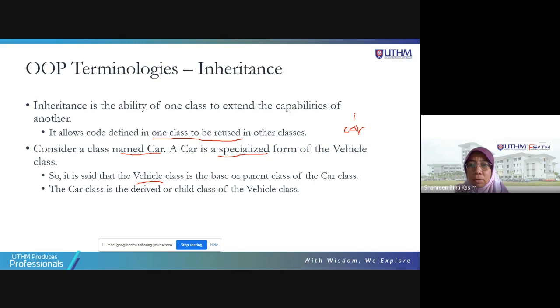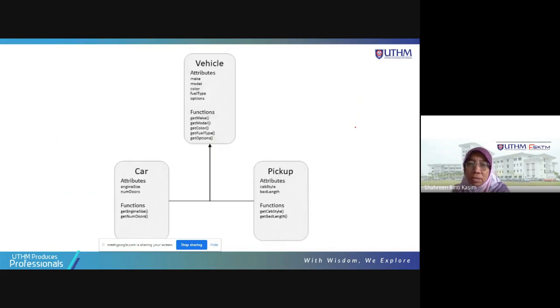On top of the car class, we have the parent class. We have vehicle. It's the base parent of the car class. So the car class is derived from the parent class vehicle. The car is considered the child.